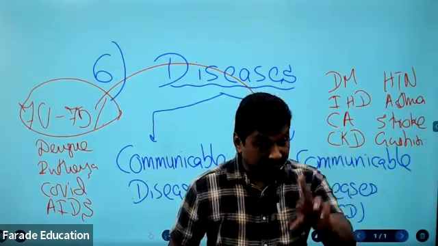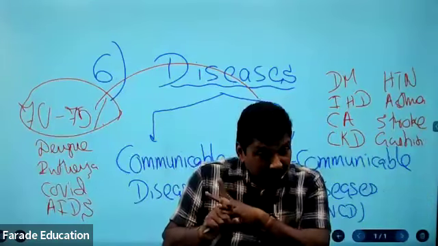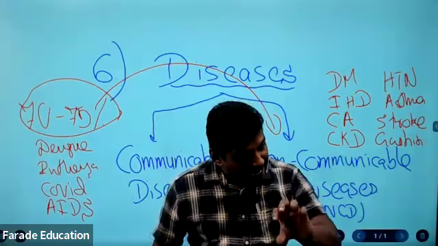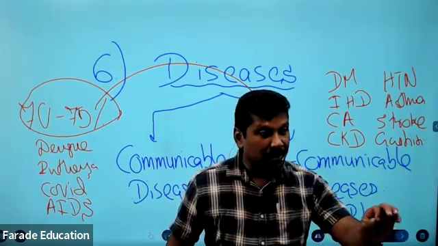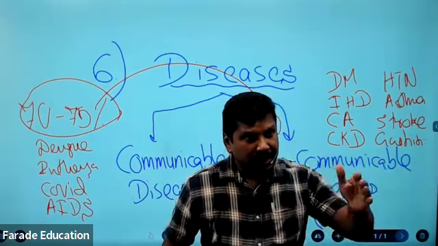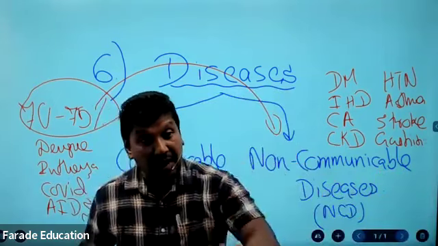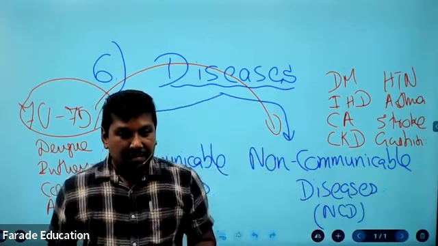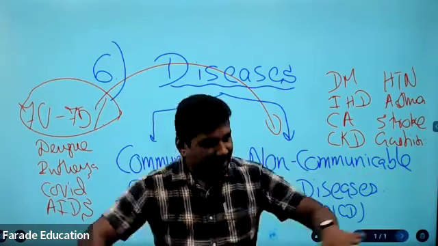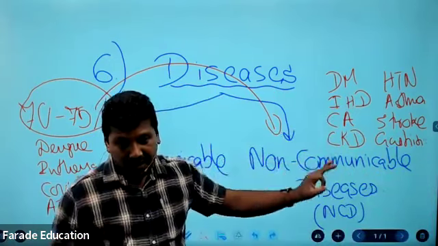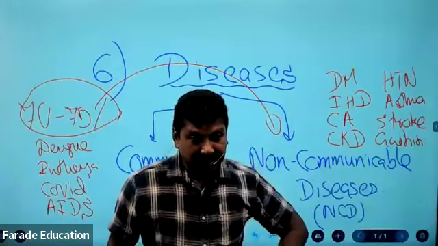But this was changed in 2020 and 2021 because of COVID-19. Only in those 2 years, this became the second commonest one because nearly 5 lakhs of people died from corona. Other than those 2 years, these are the commonest cause of death. People die from this. That is why that is most dangerous, right?